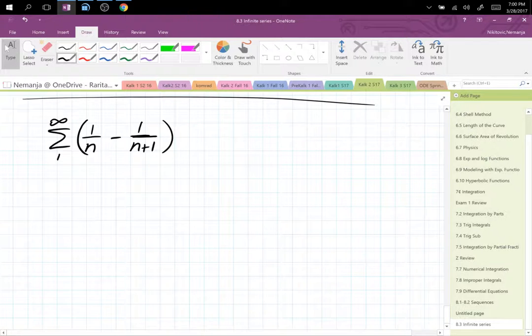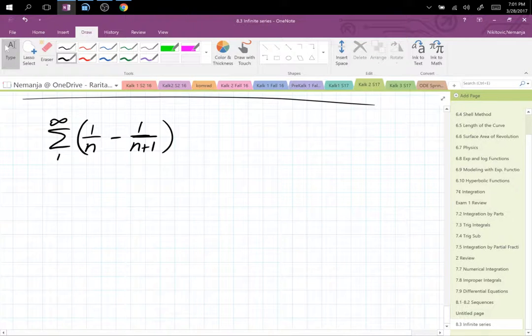We are going to start writing these terms out. You're going to write this for 1, plus, write it for 2, plus, write it for 3, plus, write it for n equals 4, and so on. So you write it for 3, 4, 5 terms. We'll see what will tell you to stop.